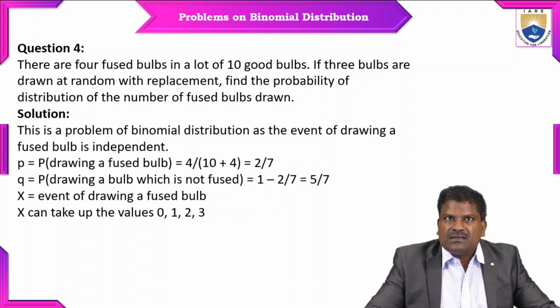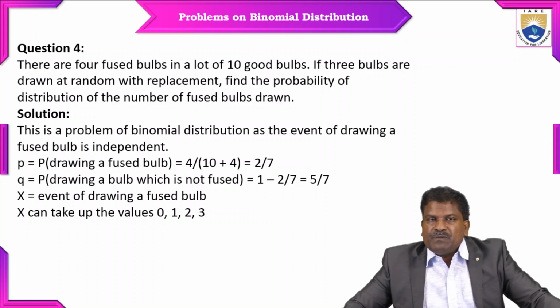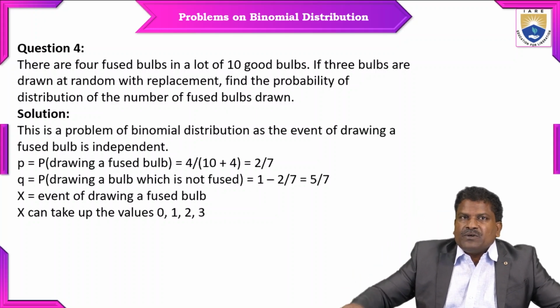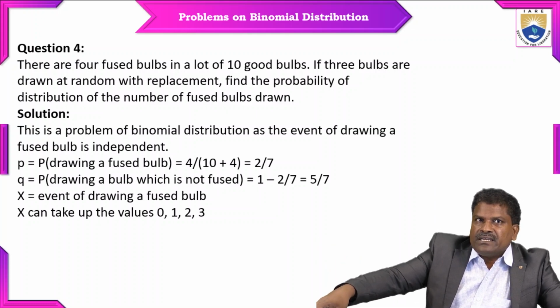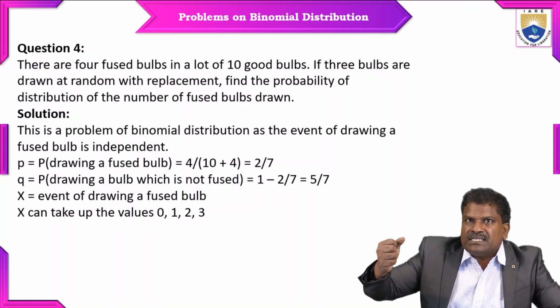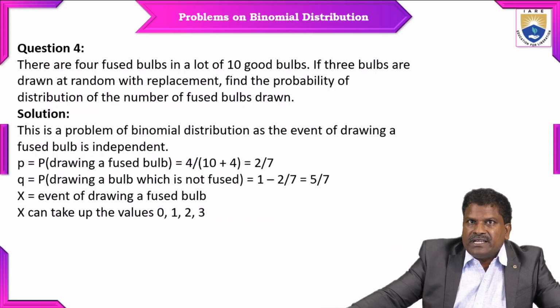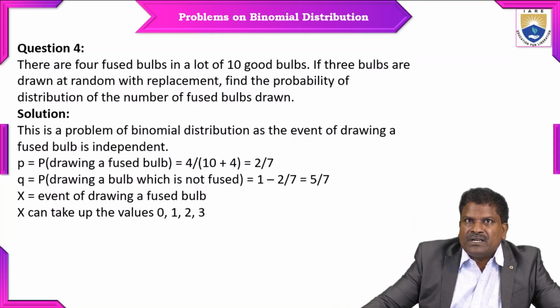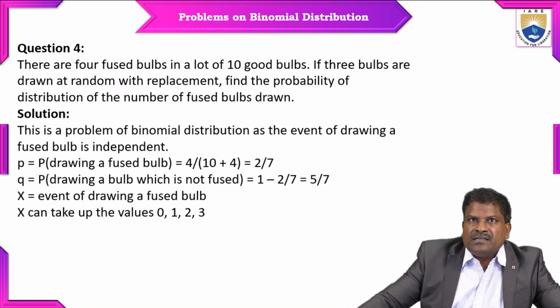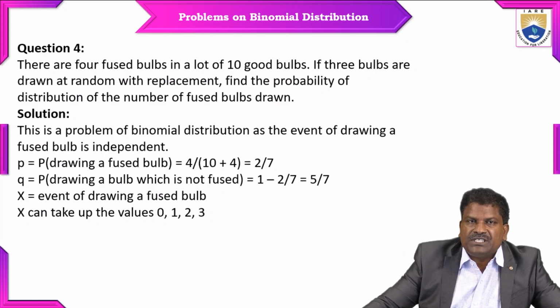If 3 bulbs are drawn at random with replacement, what does that mean? Suppose they are taking one, and suppose that bulb they don't like, they keep it there, and they take another one. See, replacement is there, and find the probability distribution of the number of fused bulbs drawn.